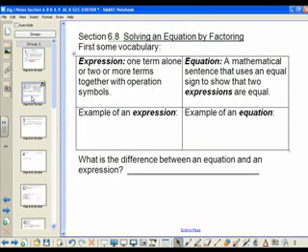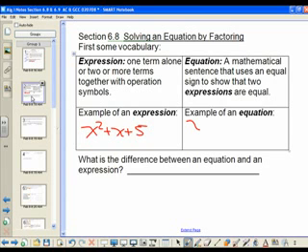So today, the difference between an expression and an equation. An expression is one term alone or two or more terms together with an operation symbol, like x squared plus x plus 5. That would be an expression: several things separated by operations. An equation is a mathematical sentence that uses an equal sign to show that two expressions are equal.